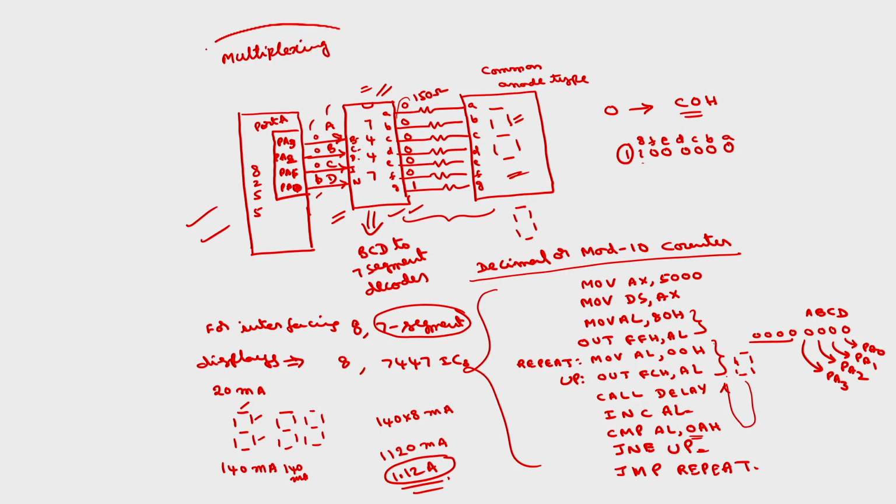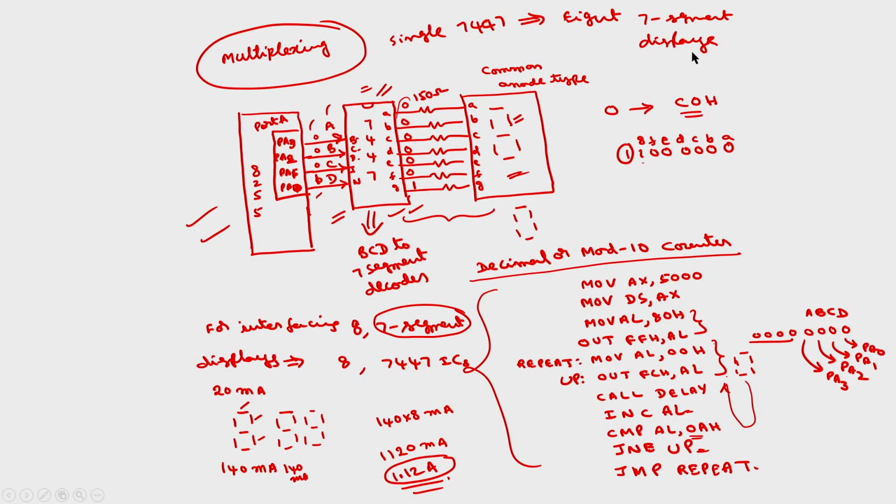If you use the multiplexing technique, using one single 7447 itself, we can display 8 BCD to 7 segment displays, or 8 seven segment displays. How to connect 8 seven segment displays using only a single 7447 in multiplexing mode, we will discuss in the next class. Okay. Thank you.